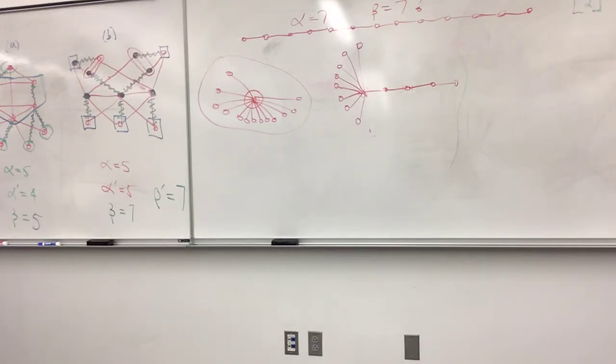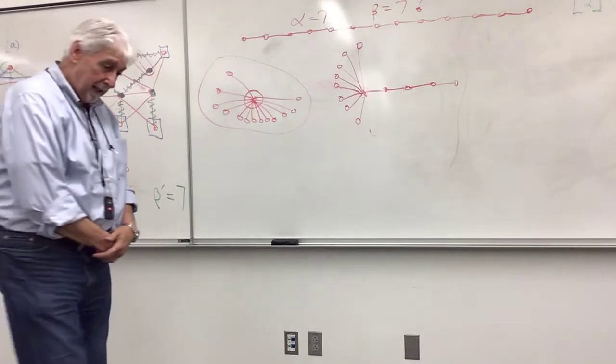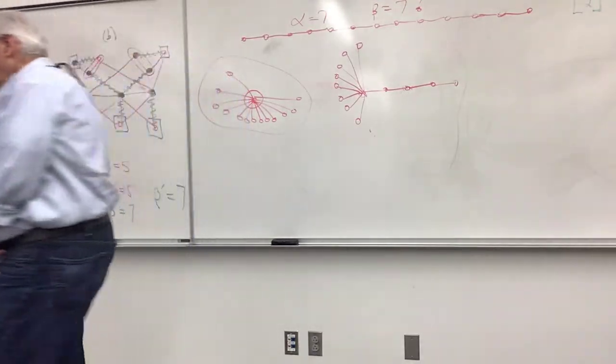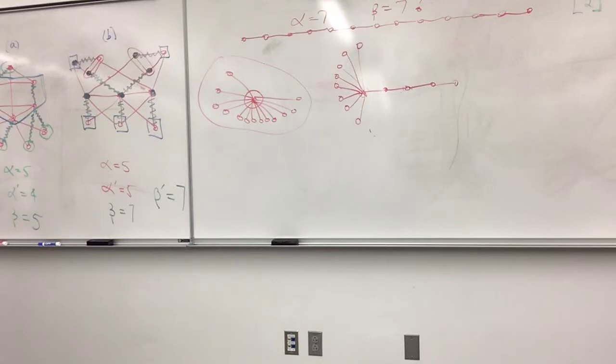One more time. The vertex cover number is the minimum set of vertices that cover the edges. The edge cover number is the smallest set of edges that cover all the vertices.